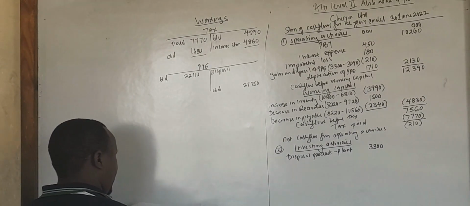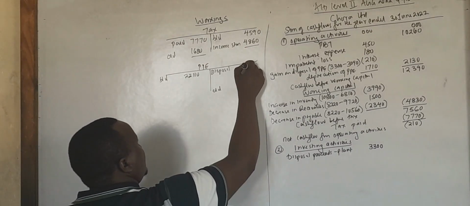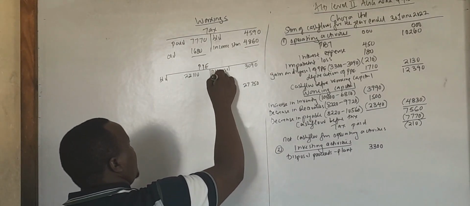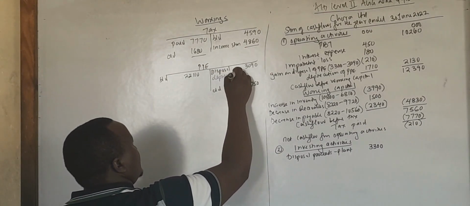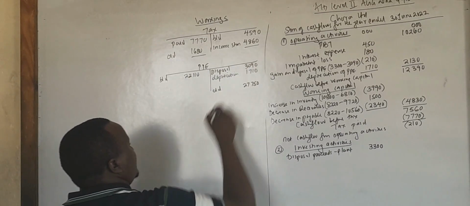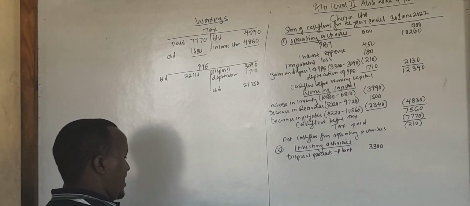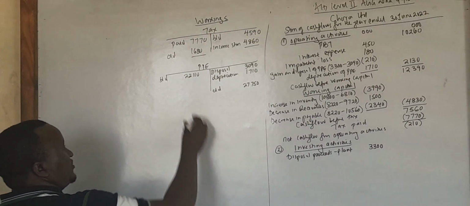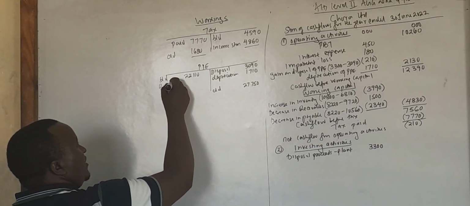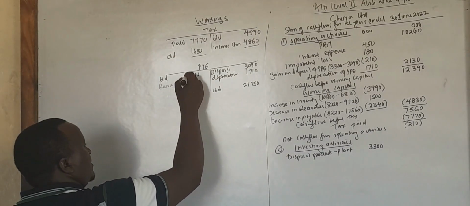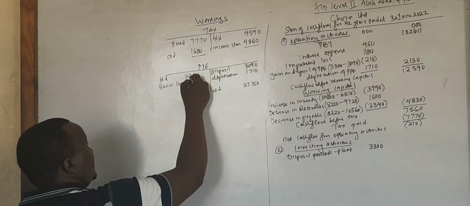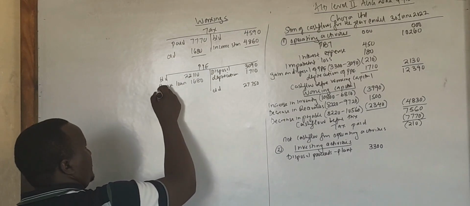The net book value was 90. Depreciation of what? 1710. And note number 4, we acquired some of them through a bank loan of 1680. Yeah, 1680.